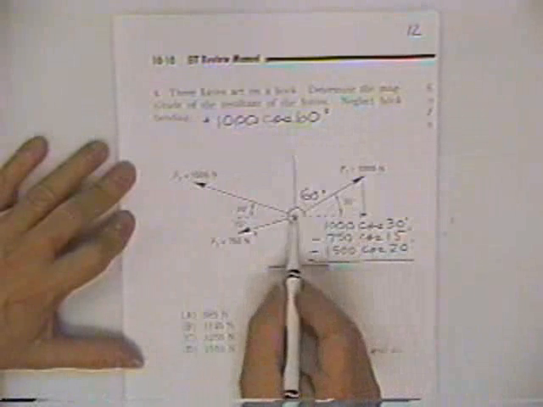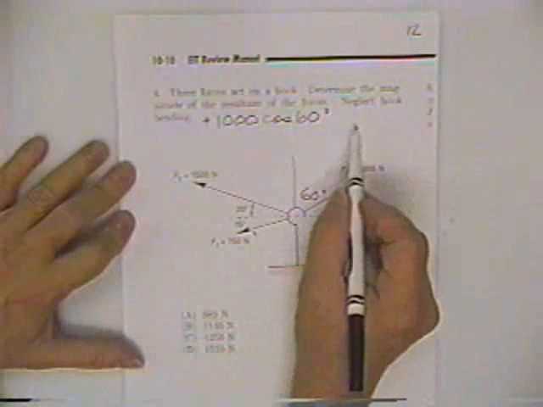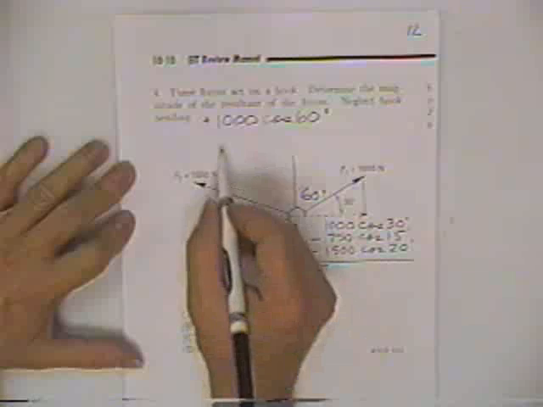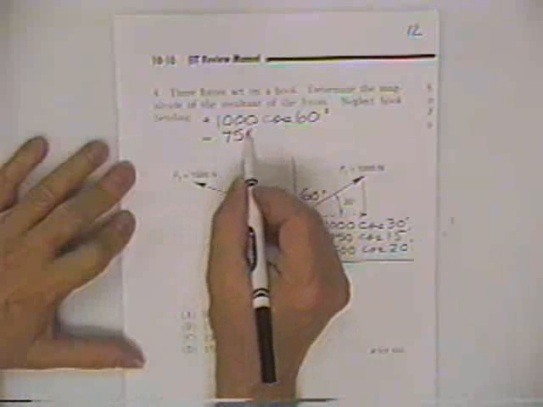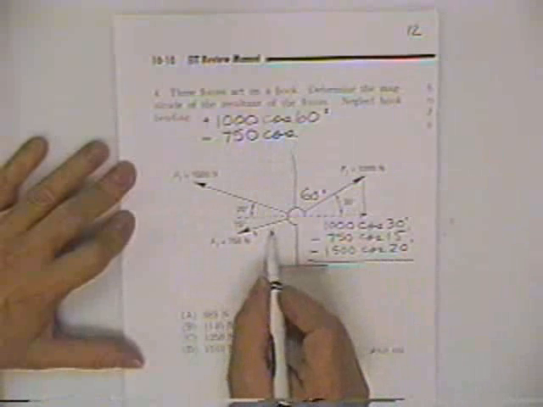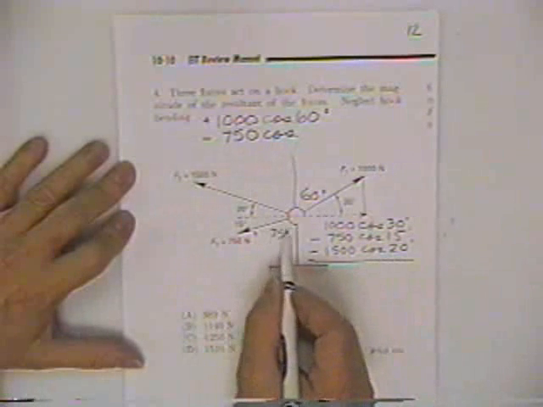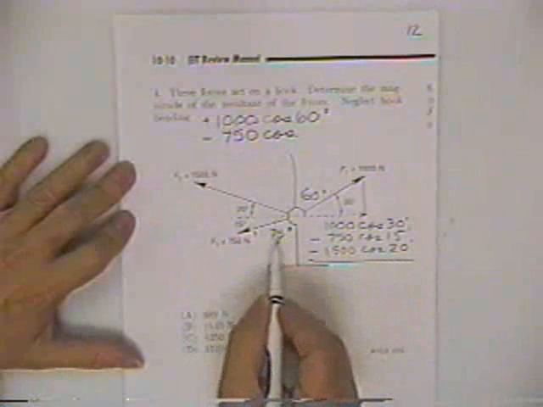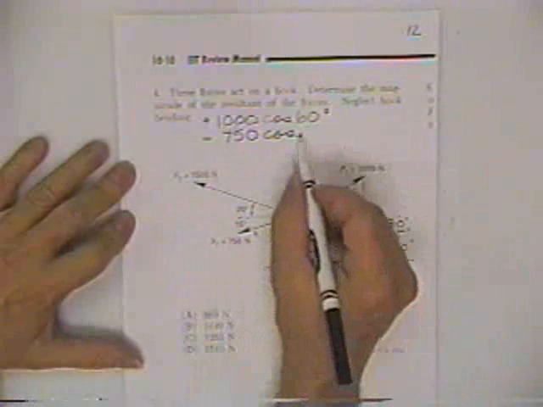I would call that a plus number because the force is pushing up. From that, I would subtract 750 times the cosine of 75 degrees.